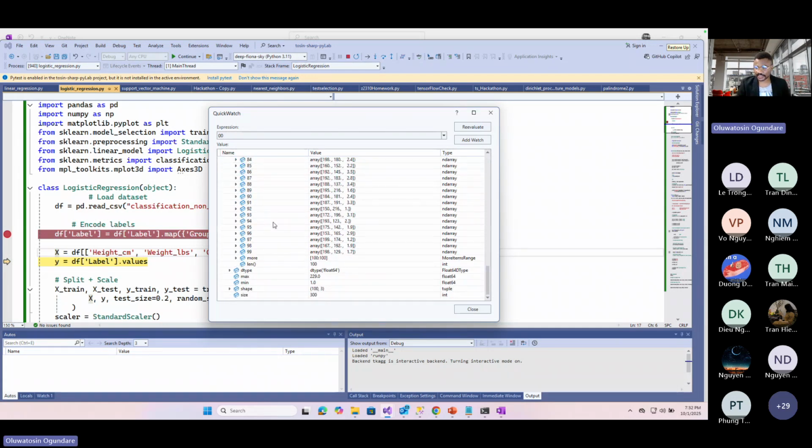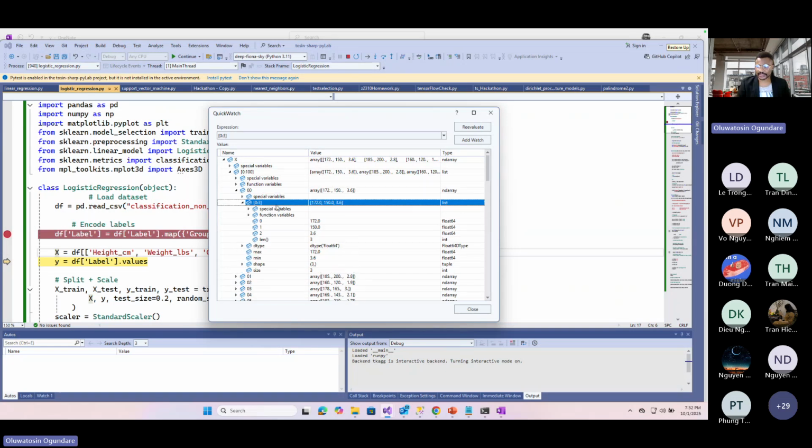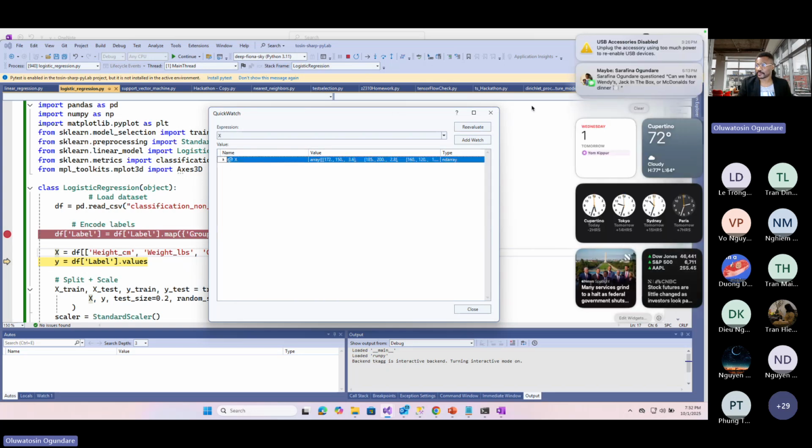I have 100 of these, 0 to 99, and each one of them has 3 features, right? 172, 152, 3, and then there is a label, right? But I have completely only taken the features. In this case, I dropped the label, so it's even clearer here. So I have 3 features and 100 data points. So that's what we're talking about here.